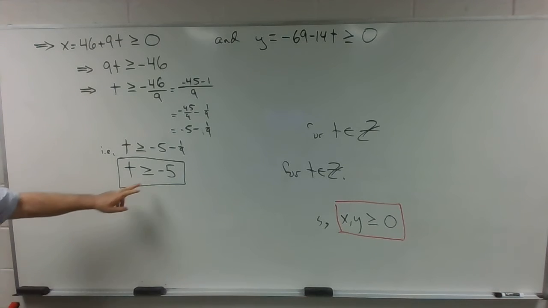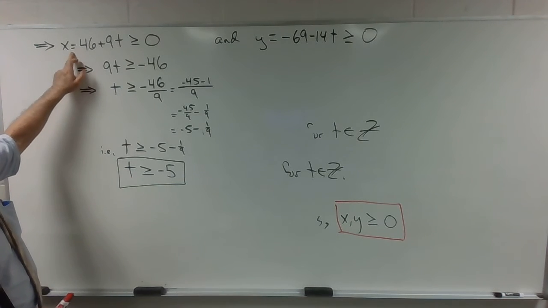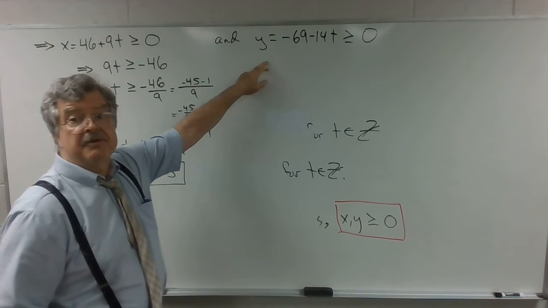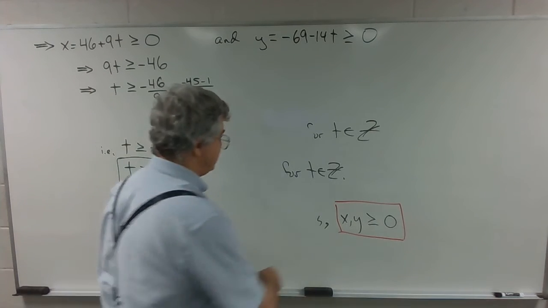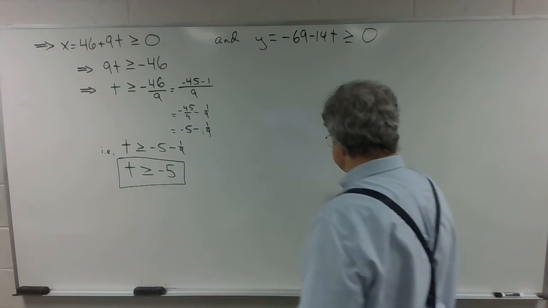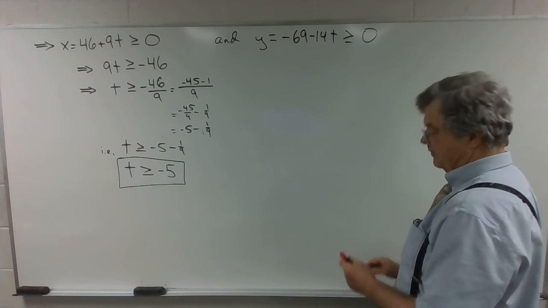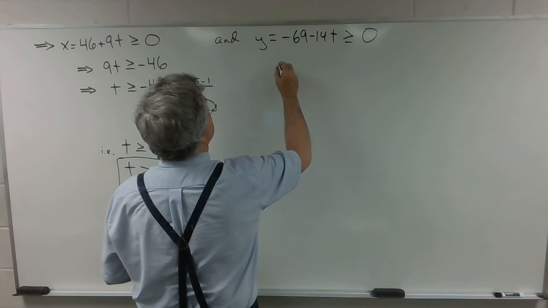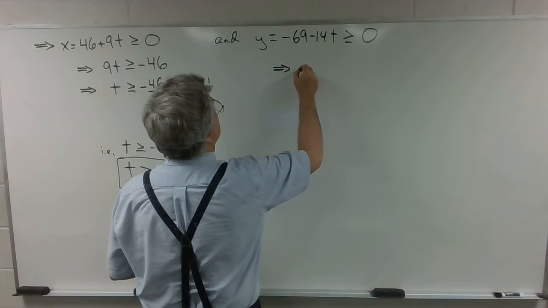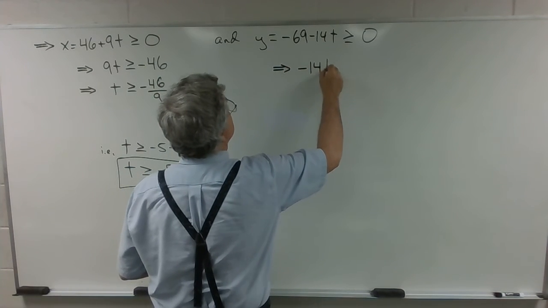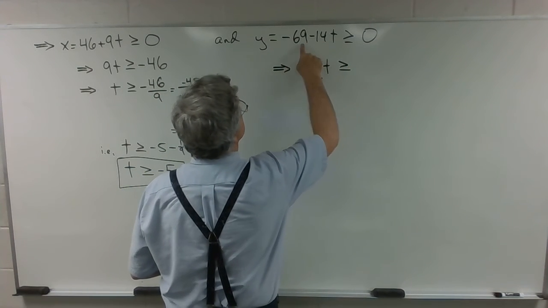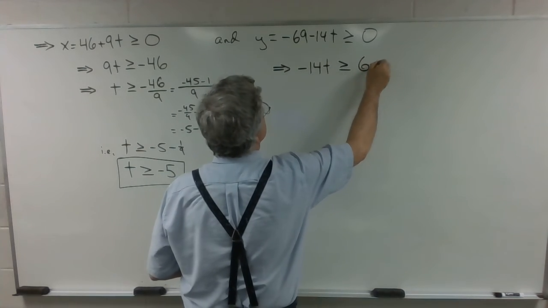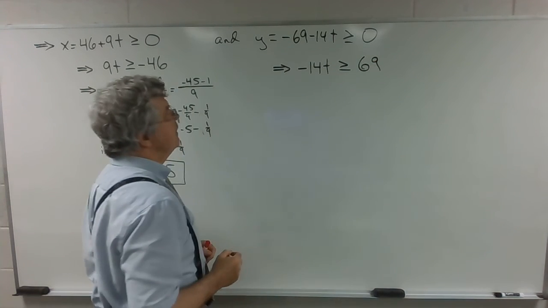But this is just the restriction on X. What about the restriction on Y? Okay. Looking at this, we have negative 14t is greater than or equal to, I add 69 to both sides, okay?